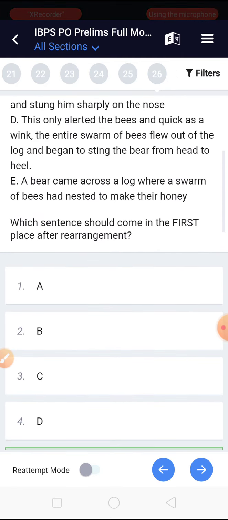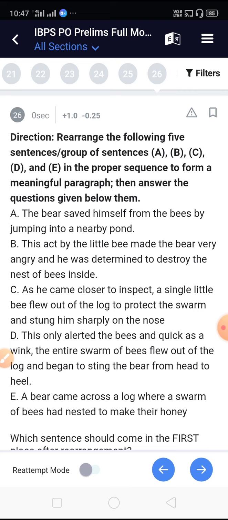छठा का हो जाएगा ऑप्शन सेंटेंस रीअरेंजमेंट दिया हुआ। This bear saved himself from the place by jumping into the nearby pond. This act by the little bee made the bear very angry and he was determined to destroy the nest of bees inside.